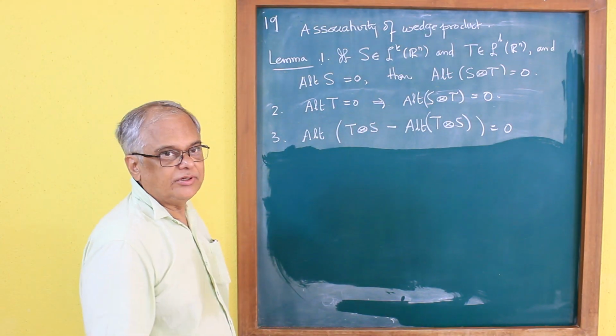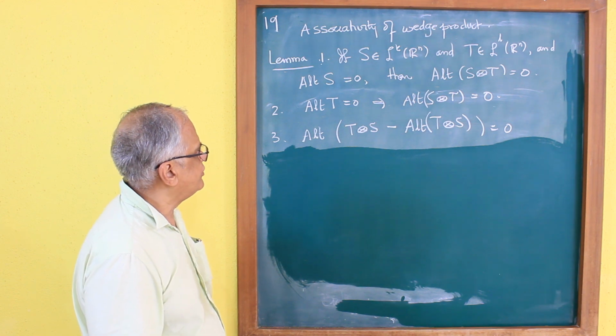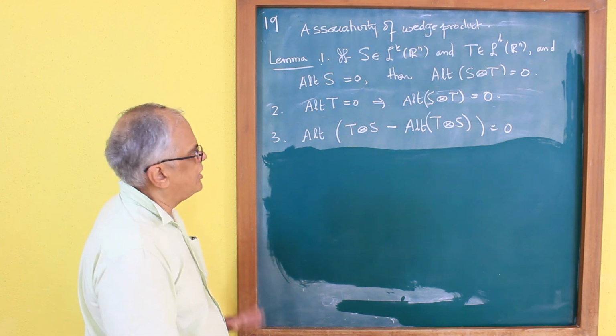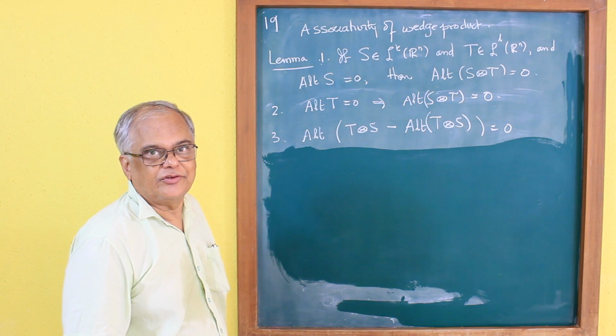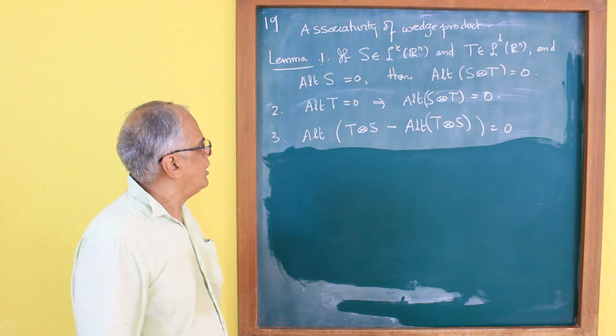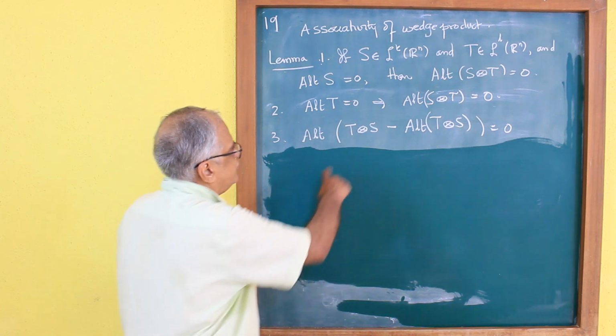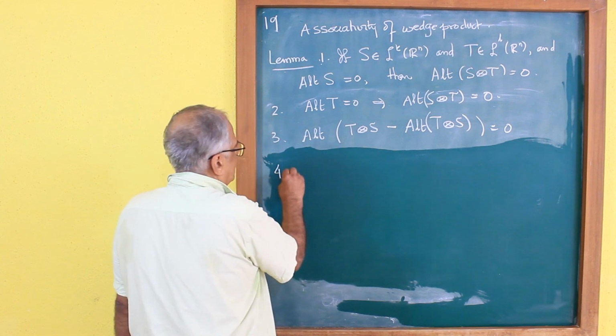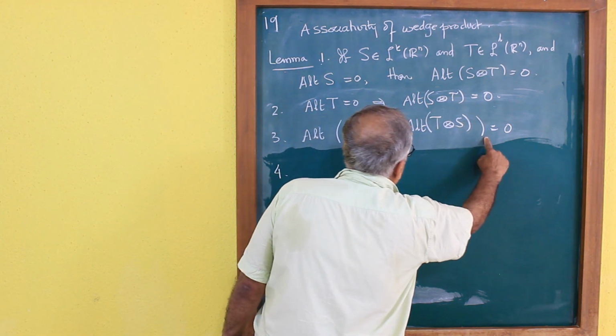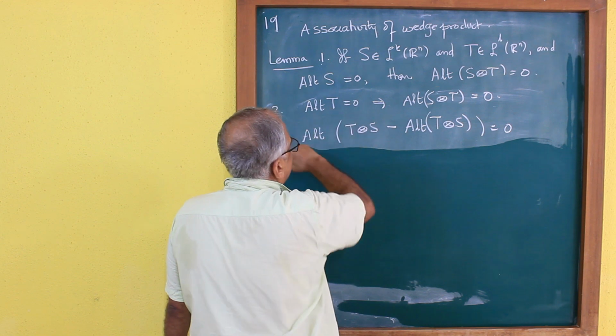So alt of T tensor S minus alt of T tensor S is alt of T tensor S minus alt of T tensor S, but alt of alt is alt, and therefore this is equal to 0. So this quantity is something whose alt is 0.